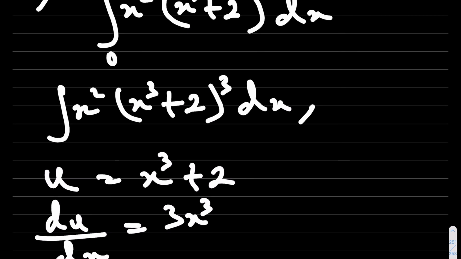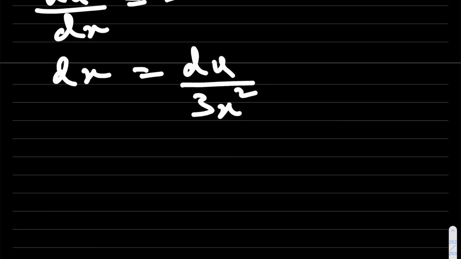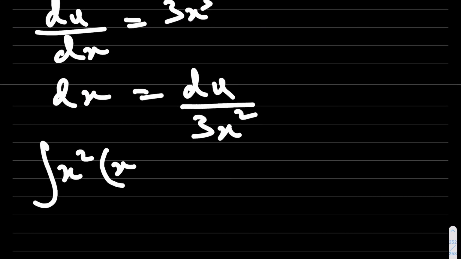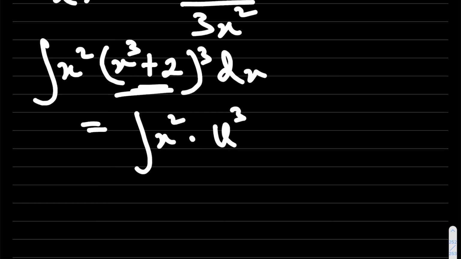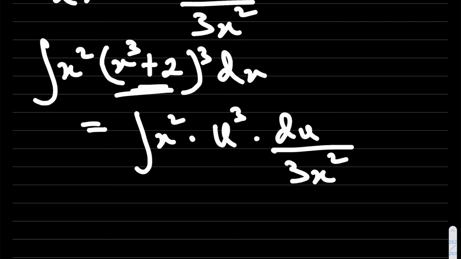So the integral of x squared into (x cubed plus 2) raised to power 3 dx is the same as the integral of x squared times u raised to power 3, because this is u, times dx, which is du all over 3x squared.